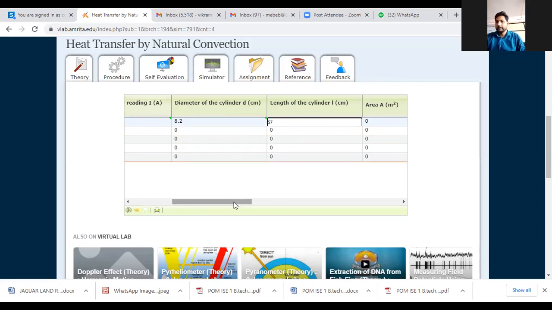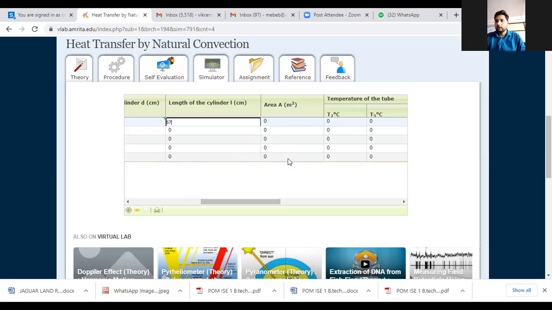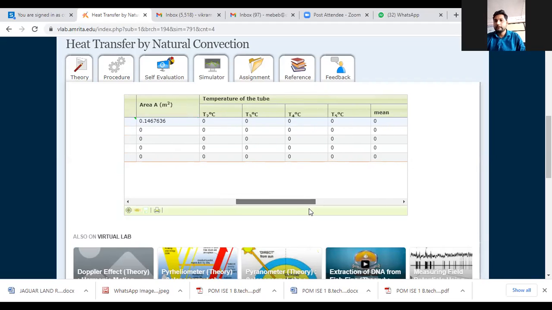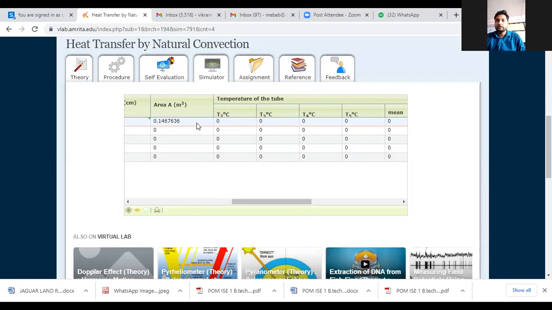The area is directly calculated by using the formula, from the diameter and the length provided. So the area will be 0.1467636.